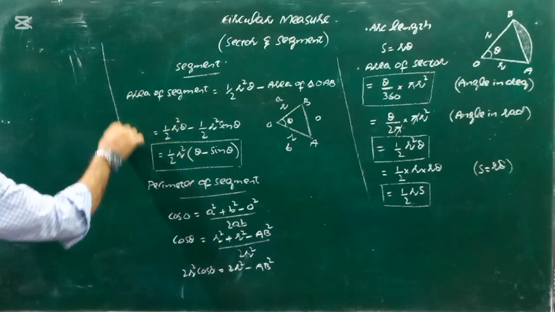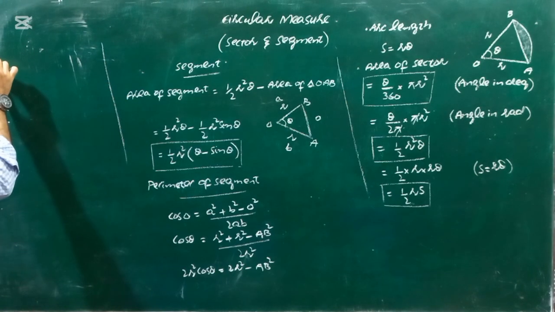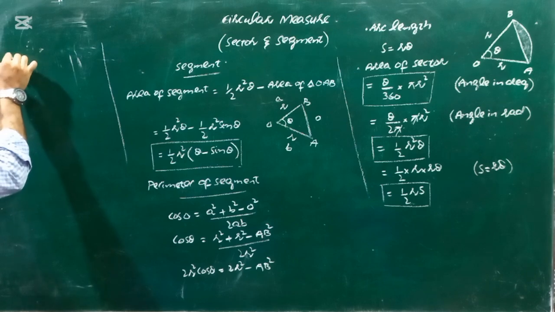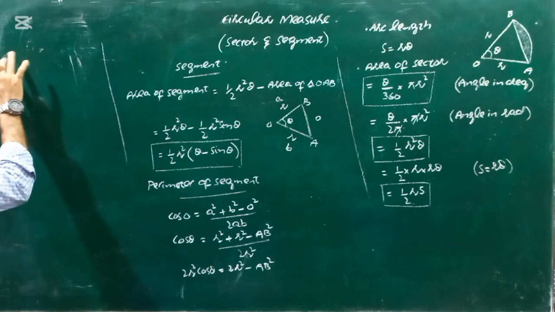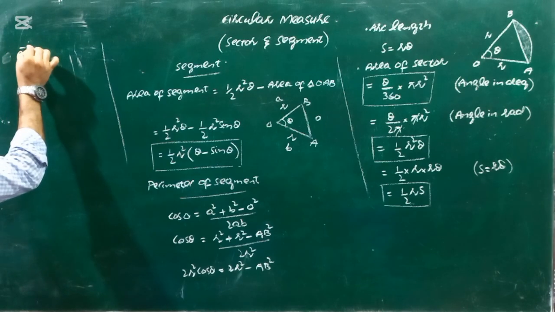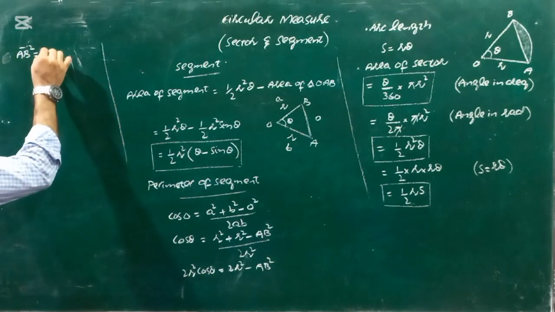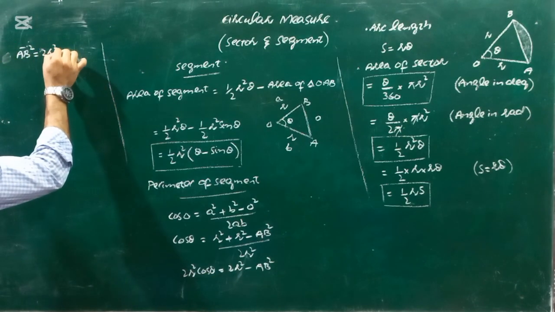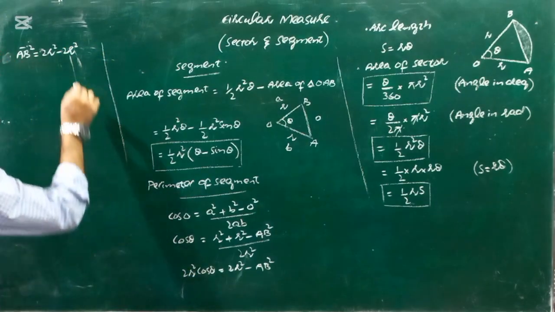So we are moving here now. This AB side will come here. So AB square is equal to 2R square minus 2R square cos theta.